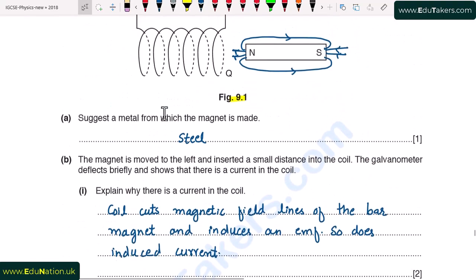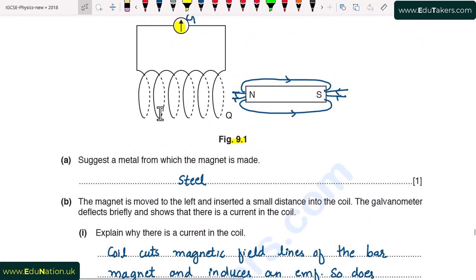So going back to the figure, we can see that this is a north pole of the magnet, and when the magnet is moving towards the coil, then this north pole is moving toward the coil, so there will be a north pole at the coil, because the coil tries to oppose the motion of this bar magnet according to Lenz's law.